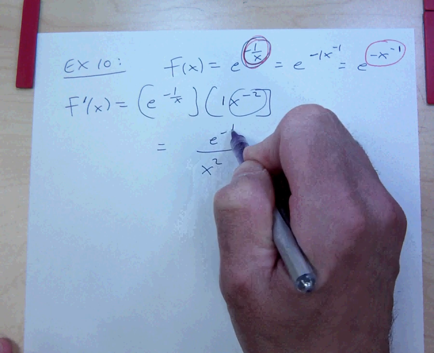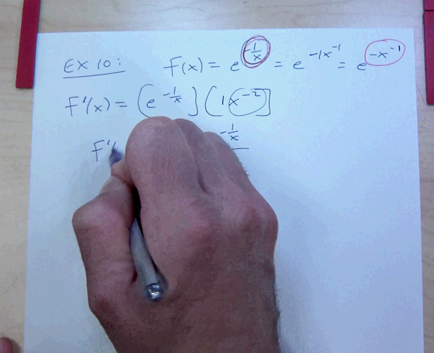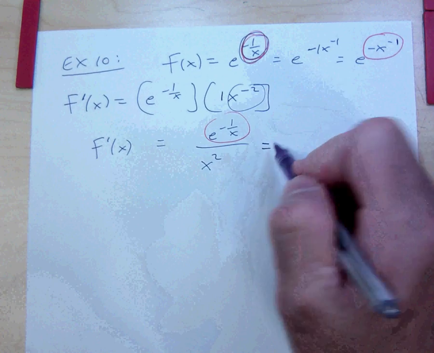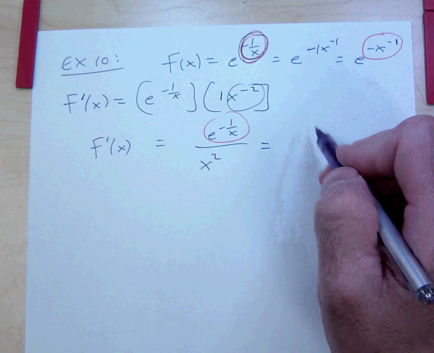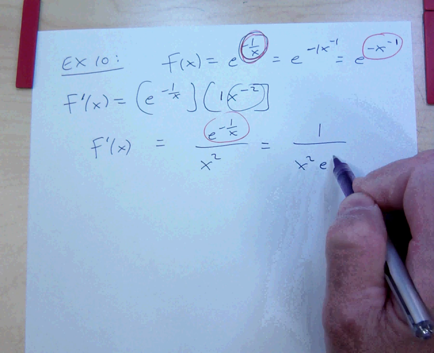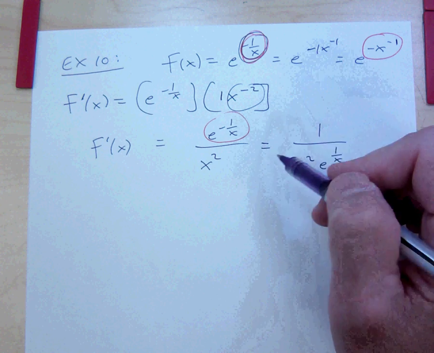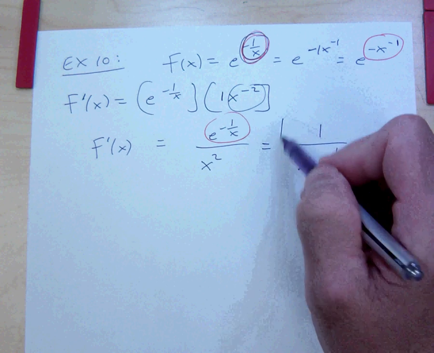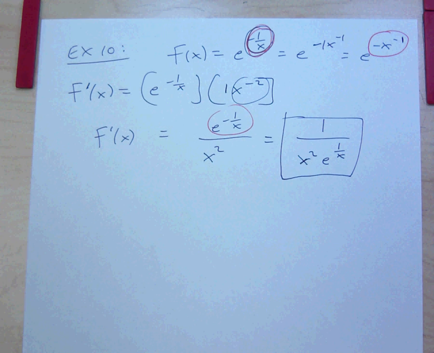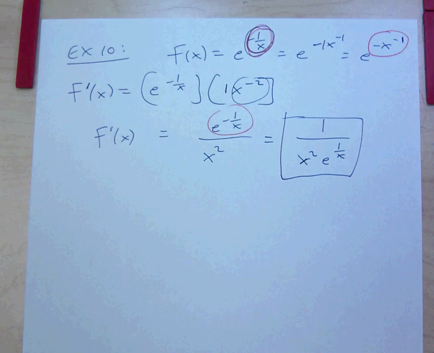And so at that point, I have that. And if you want, you can also move that to the denominator so you can make that into a positive exponent. And so at that point, I would have this. Okay, so either way is fine. Any questions on that?